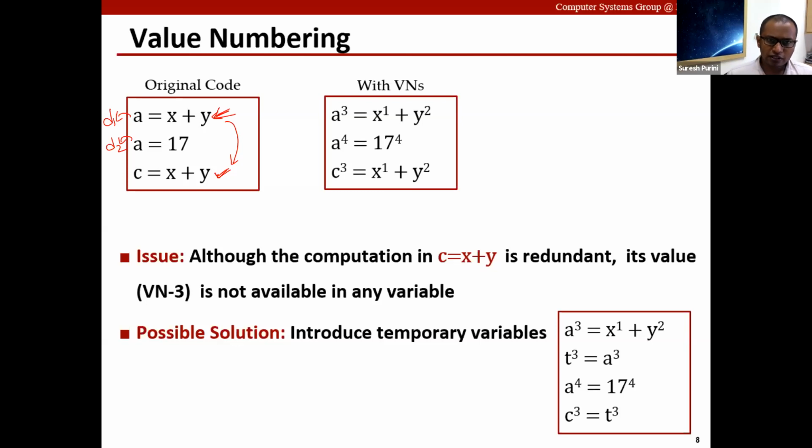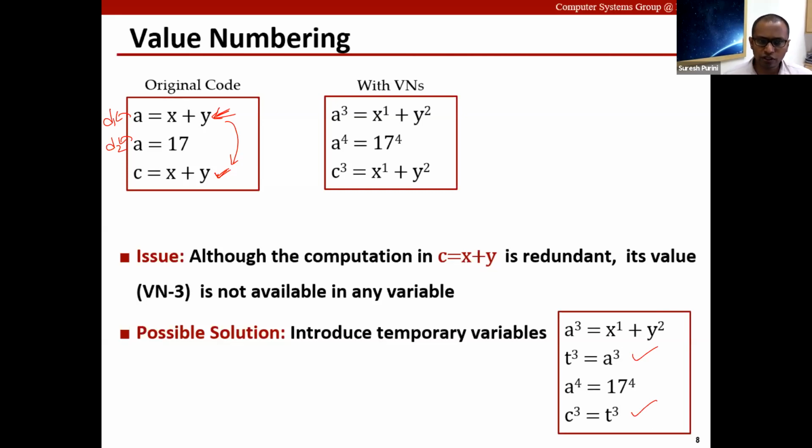So how do we solve this problem? One way of solving this problem is we can introduce a temporary variable like here t is equal to a, and then we can use the variable t here in order to eliminate the redundant computation.